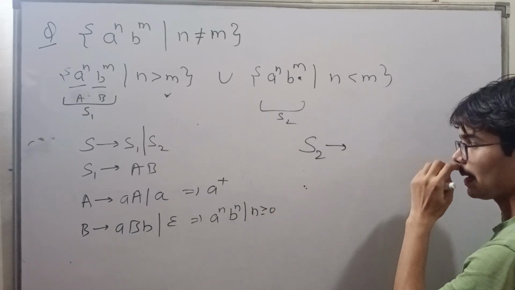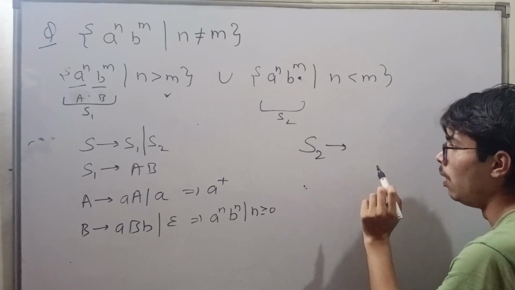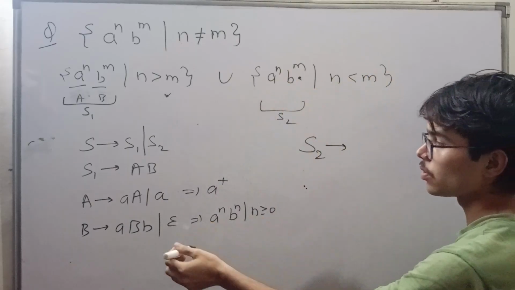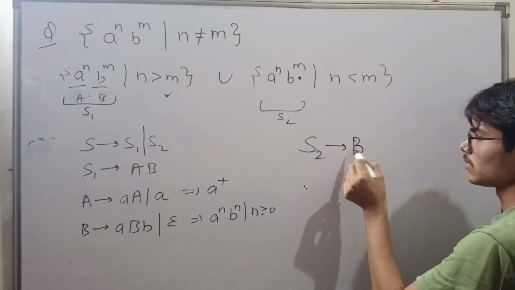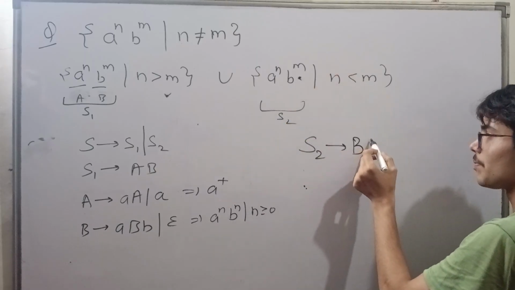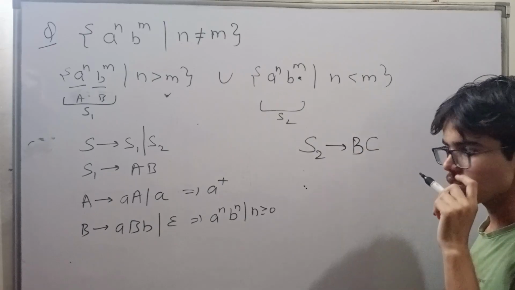So how can s2 be created? There is a case where both a and b are equal, so I can write b. After that, the number of b must be greater, so I write the next symbol c.